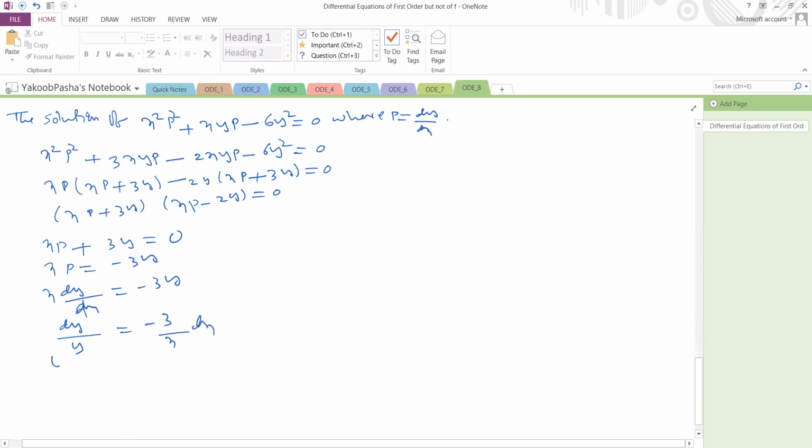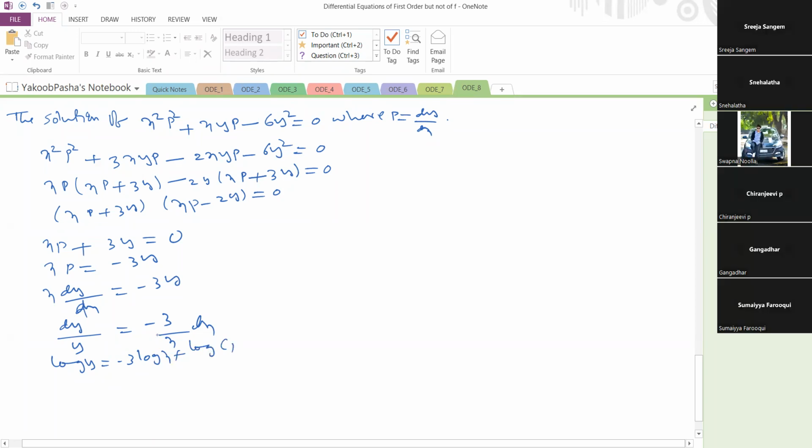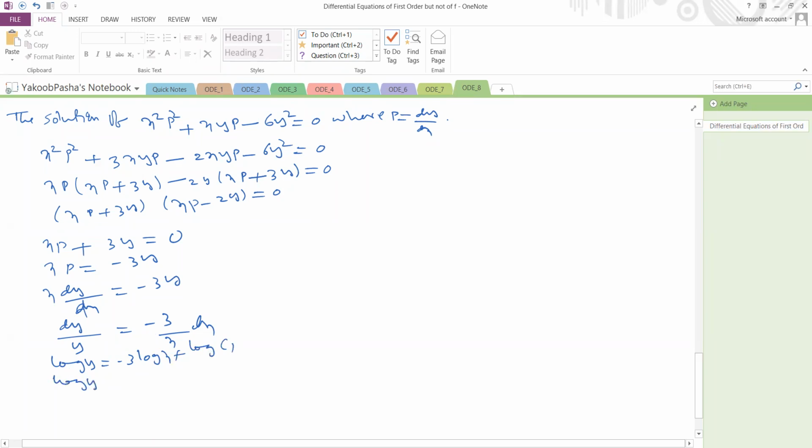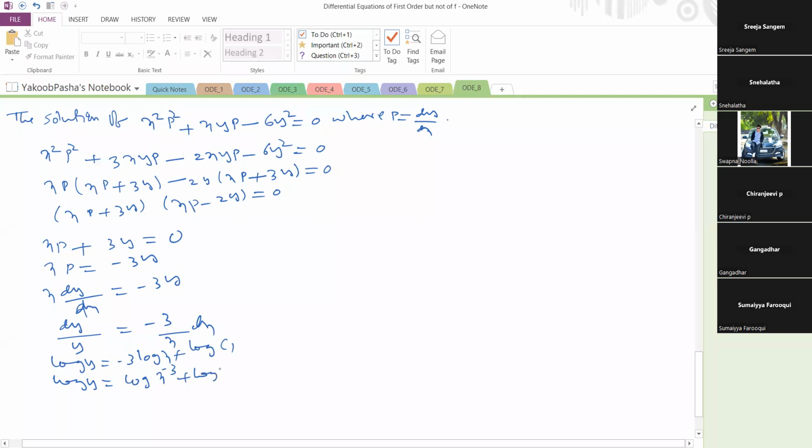So by integration we get log y is equal to minus 3 log x plus arbitrary constant log c1. So log y is equal to log x power minus 3 plus log c1. So y is equal to c1 x power minus 3, nothing but c1 by x cube. That implies x cube y is equal to c1. So x cube y minus c1 is equal to 0 is the first.